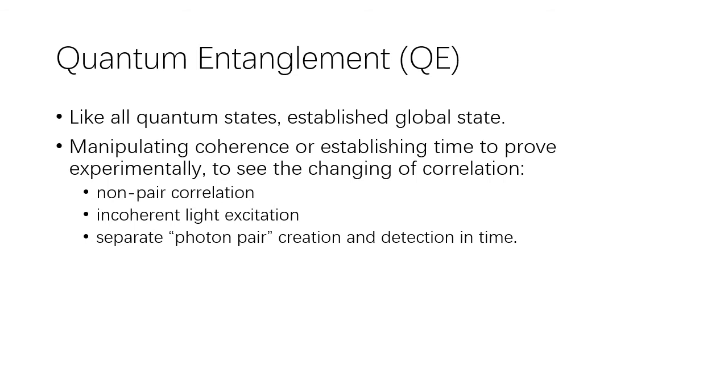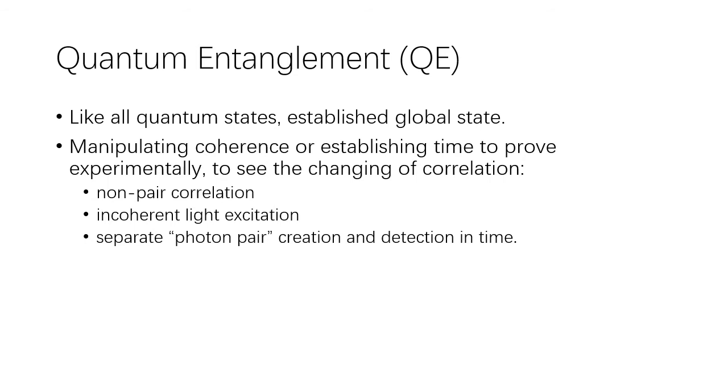Quantum entanglement only happens in pairs, actually multiple parties. Let's concentrate on pairs. So if non-pair photons or asynchronous detection are also correlated, then it is a wave property. The second experimental proposal is because wave behavior needs coherence, we can use incoherent light source with the right color other than laser to create photon pairs to see if the correlation is still there.